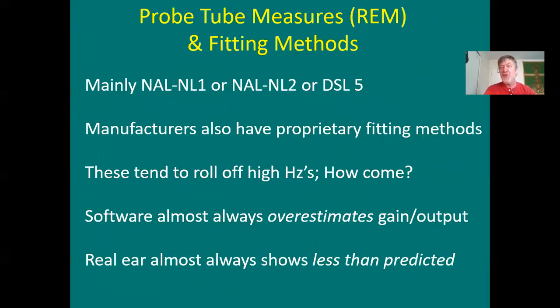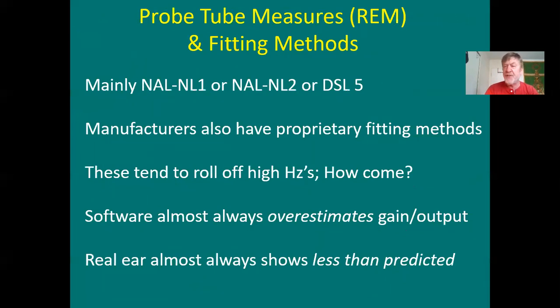All right, so probe tube measures today basically use NAL1 or NAL2 or DSL5. Manufacturers also have their own proprietary fitting methods, which tend to roll off high frequencies. Why do they do that? Probably to make the listener accept the hearing aid a little more. Really.